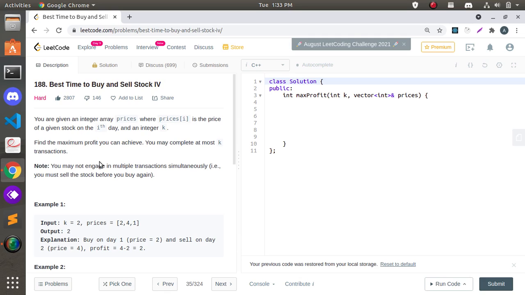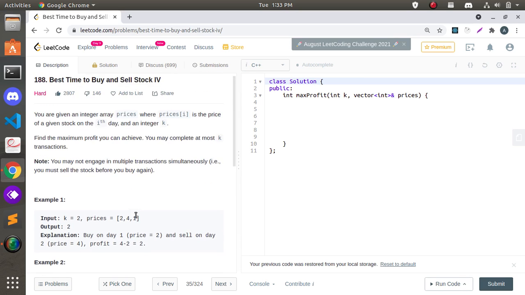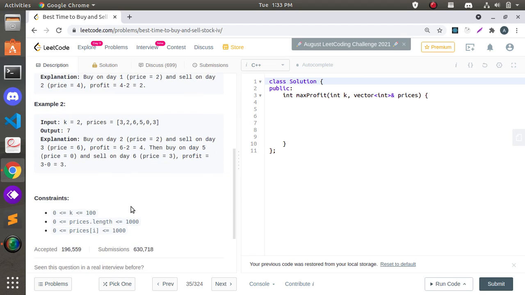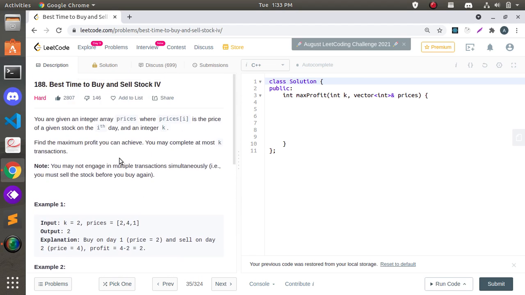Firstly we will discuss one approach, and then we will try to optimize it to a better approach. As you can see, it's a typical dynamic programming problem. Here we will keep track of the transactions: starting from 0 transactions, 1 transaction, and so on up to k, and in each transaction we try to get the maximum profit.